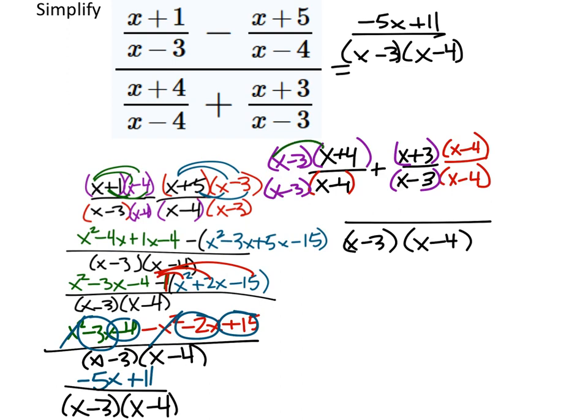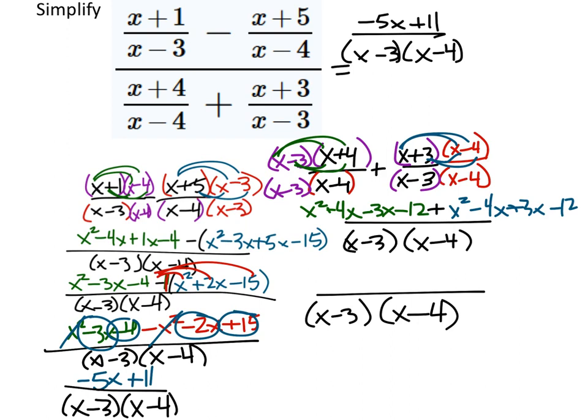So x squared plus 4x minus 3x minus 12. And then we're going to add that to this other one, x squared minus 4x plus 3x minus 12. And we can just start combining all like terms right now.